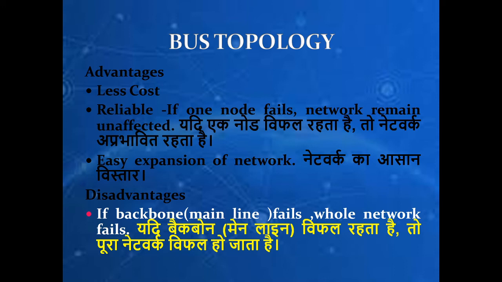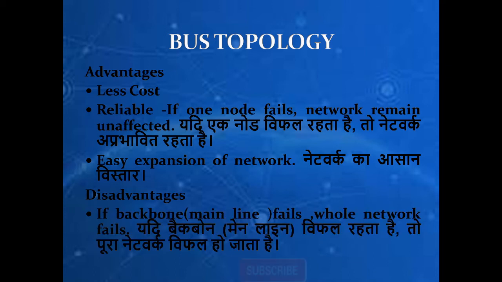And easy expansion of the network: suppose we want to add some more computers to our network, it is very easy, we just have to connect them with the help of drop lines. What are the disadvantages? If the backbone, the main line, has some error, then the whole network will stop working. If the backbone fails, the whole network fails. That is the big disadvantage of bus topology.